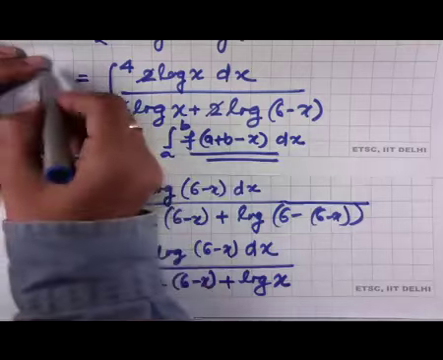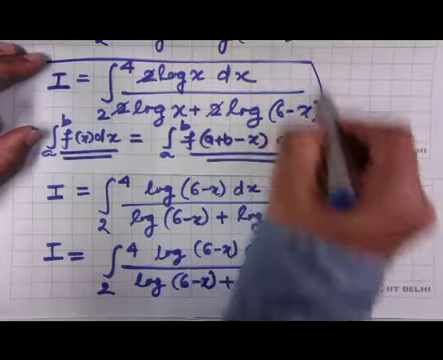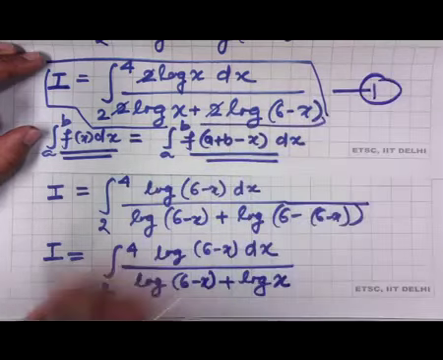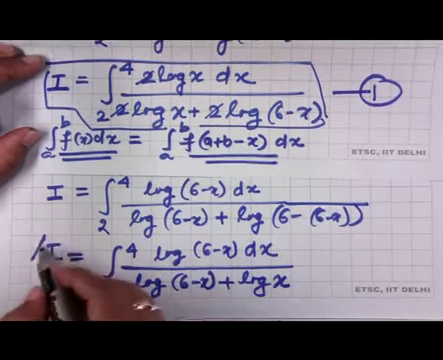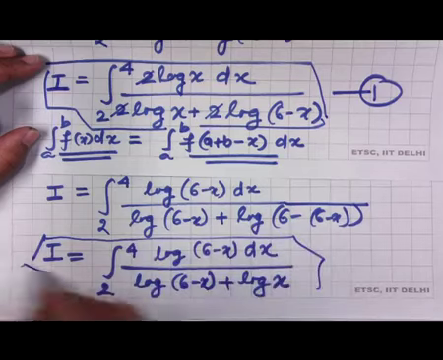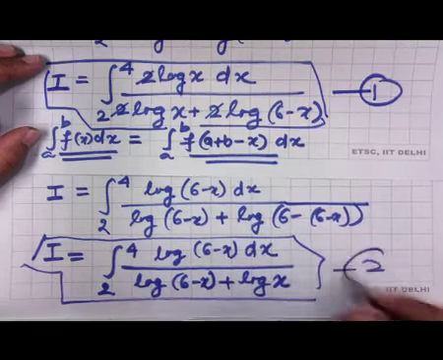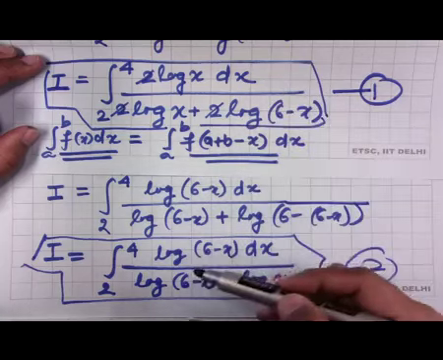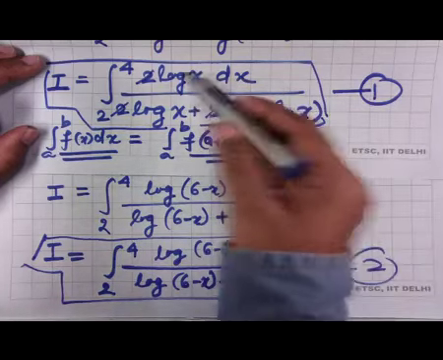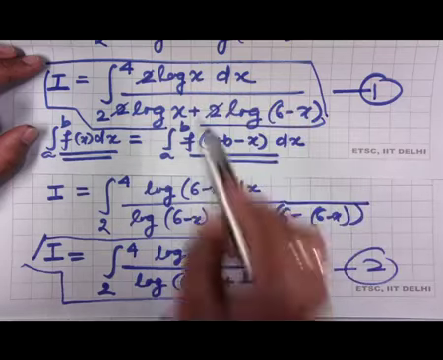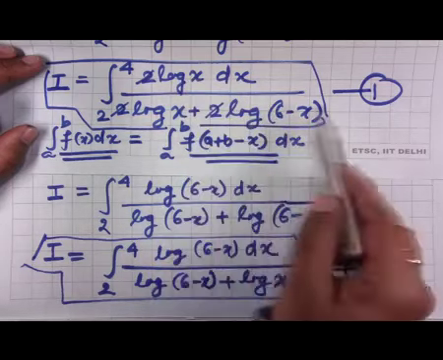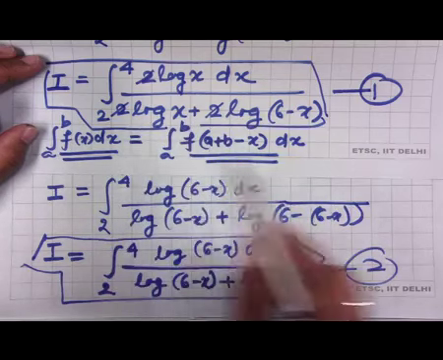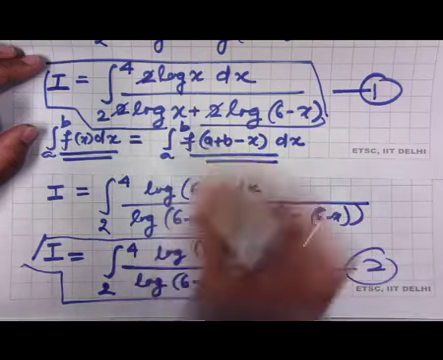So you can see that if you say this is 1 and you say this is 2, both represent our initial integral, and if we add them, the integrand will become 1, because numerator will be log x plus log 6 minus x and denominator will be log x plus log 6 minus x, so both will get cancelled.